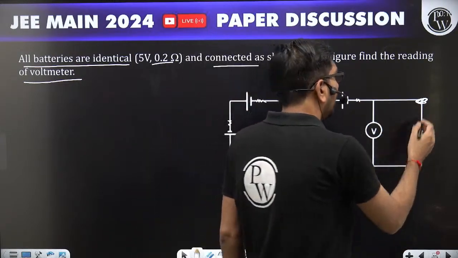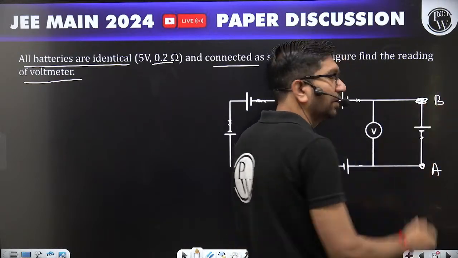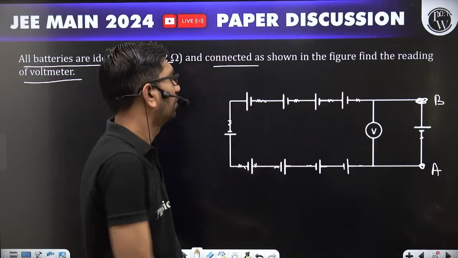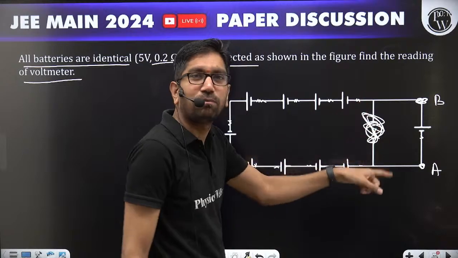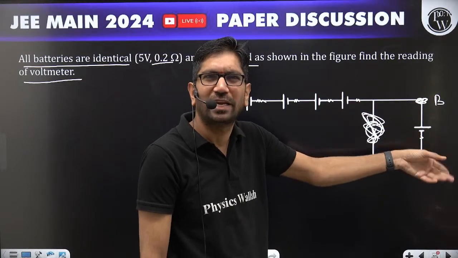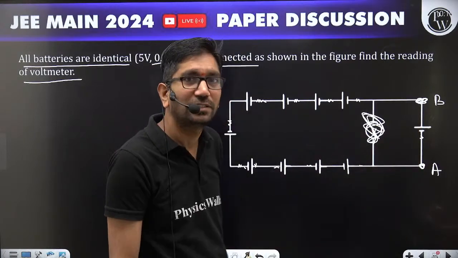I am assuming this one as A and this one as B. Whatever potential you have, the same potential you will get here. If we calculate VA minus VB, then we get the final answer.